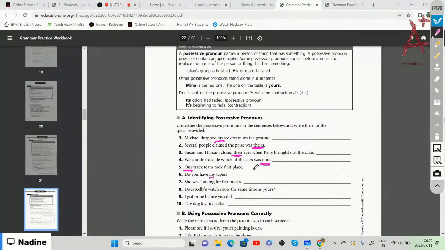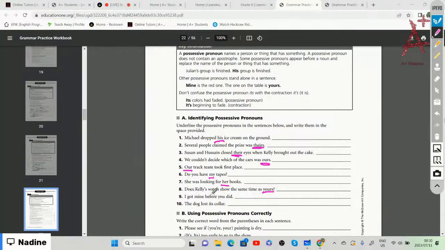Then we choose her, which is correct. Does Kelly's watch show the same time as yours? And yours is correct.